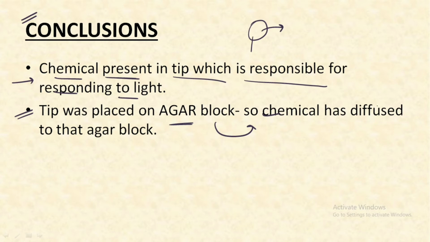Why? Because it had diffused into the agar block by the phenomenon of diffusion. So with the help of the experiment and these conclusions, it was finally concluded that there was a hormone, named auxin, which is present at the tip and is important for the bending or curvature of the stem of the grass.